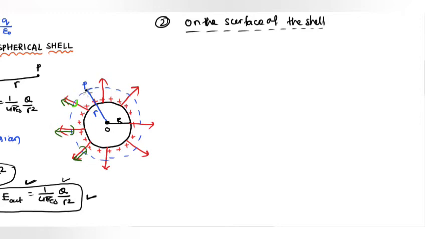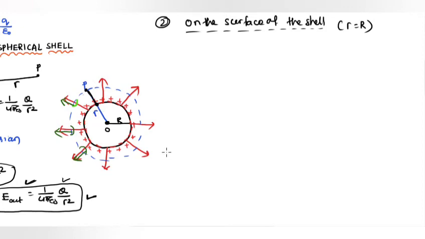Now if you bring the point P towards the surface, then gradually small r will decrease, and when point P lies on the surface of the shell, then small r will be equal to capital R. Is that clear? And now if you draw a Gaussian surface like this, having a radius capital R and center at O, then you can see that the Gaussian sphere will coincide with the spherical shell.